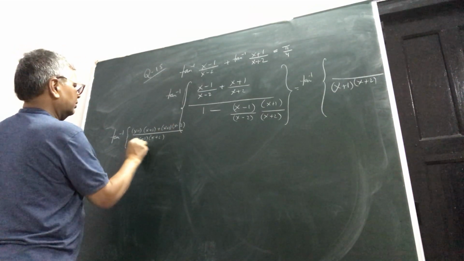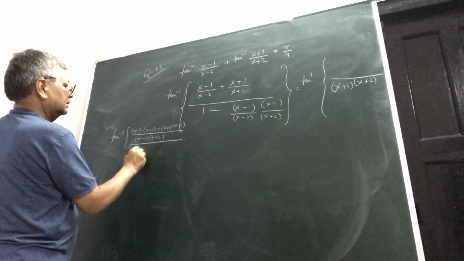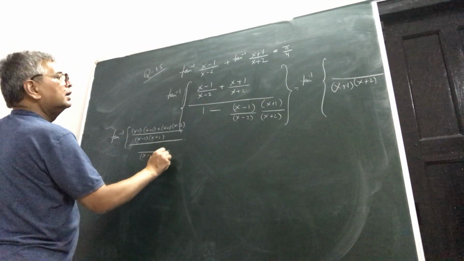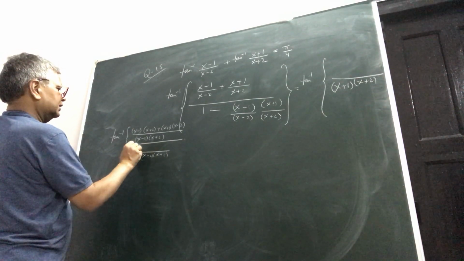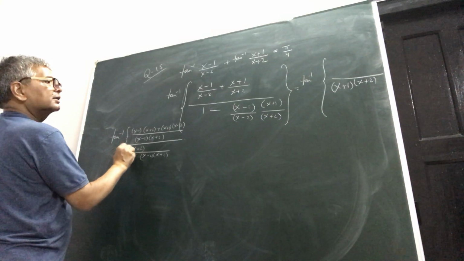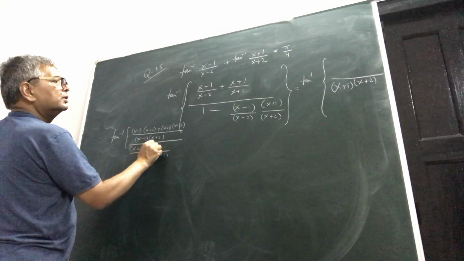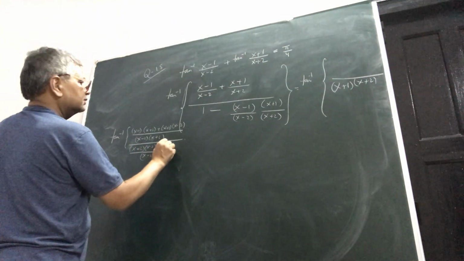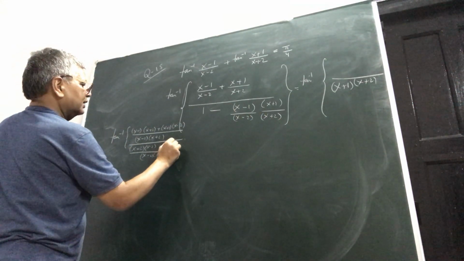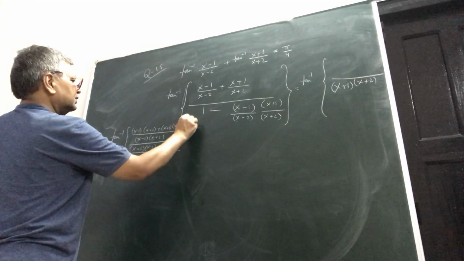And then upon what else? x minus 2, x plus 2 and this will be x plus 2 times x minus 2, minus x minus 1 times x plus 1, which is x squared minus 1, okay. So this whole thing.